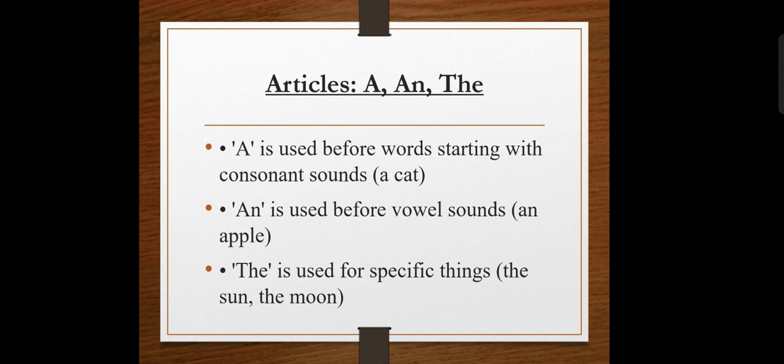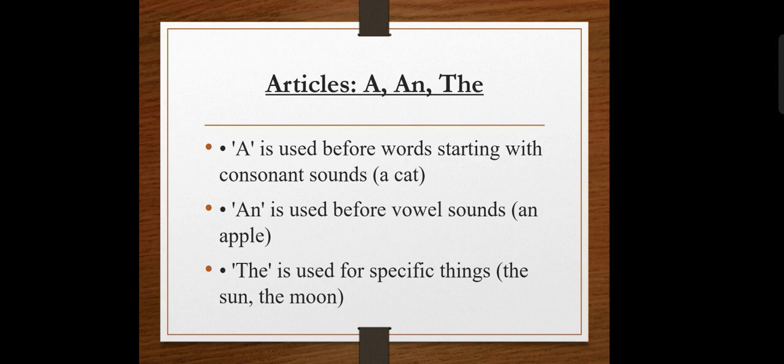For example, a cat, a book, a car, a bottle, a frog, a laptop, a bus, a pen, a tap. It goes on like that.